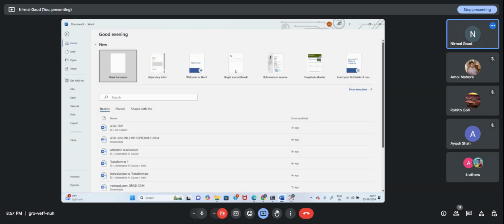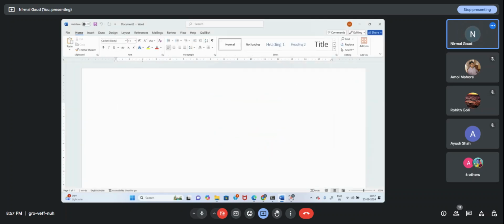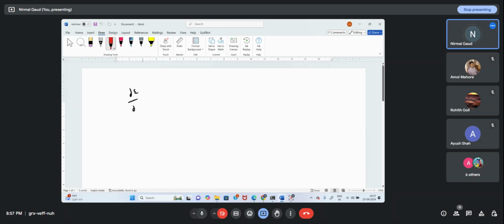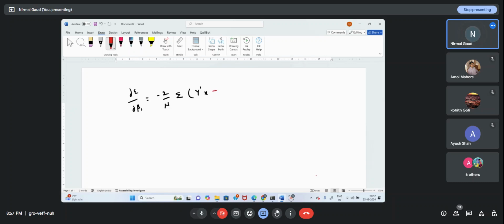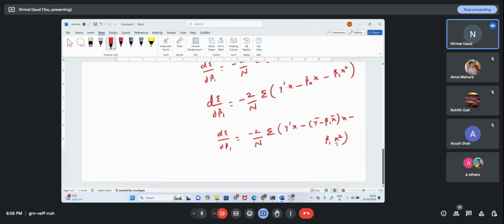I am having del E by del beta 1 is equal to minus 2 by n summation y dash x, then you are having minus y bar minus beta 1 x bar into x, minus beta 1 x square.